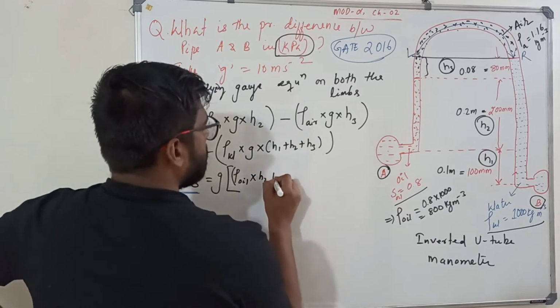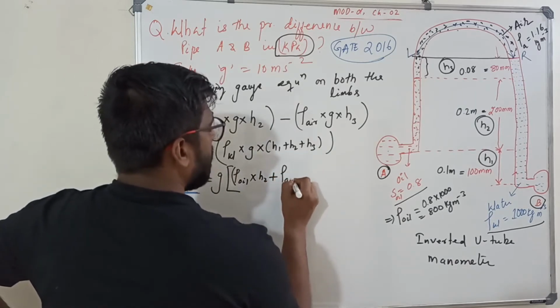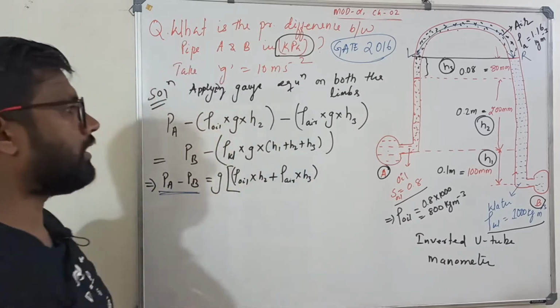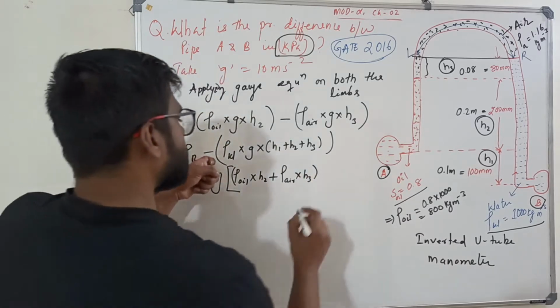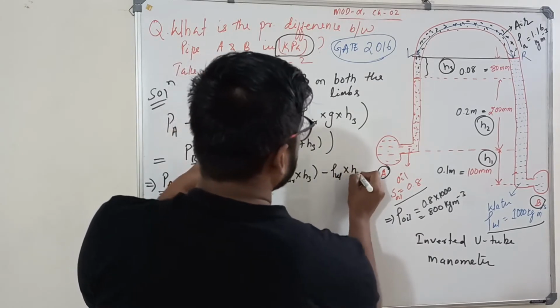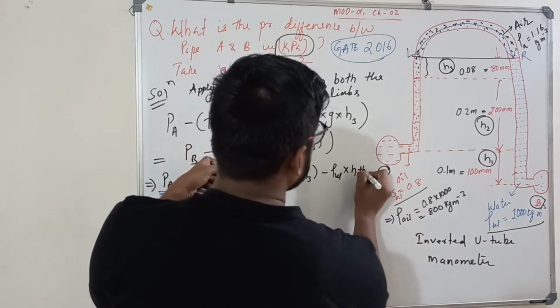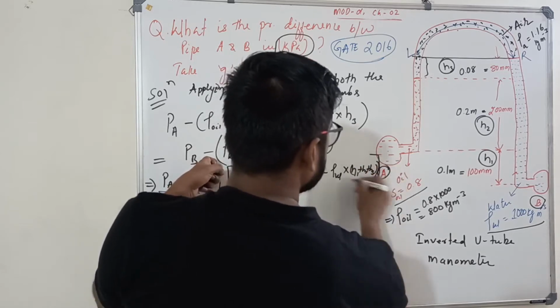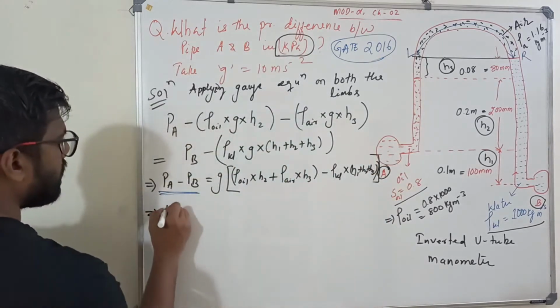This minus also becomes plus, that is rho air multiplied by H3, minus rho water into the total height, H1 plus H2 plus H3. That's it, your answer is over.